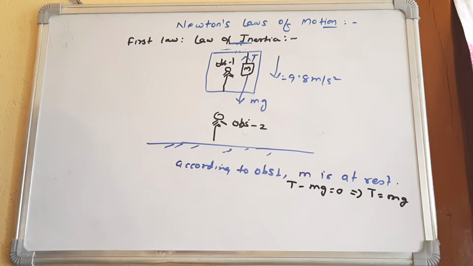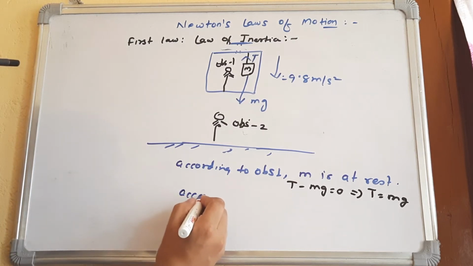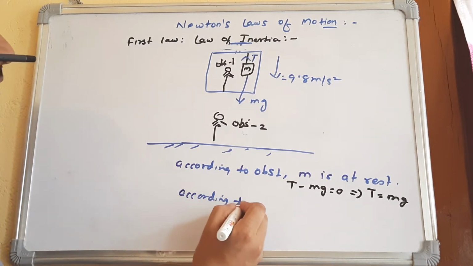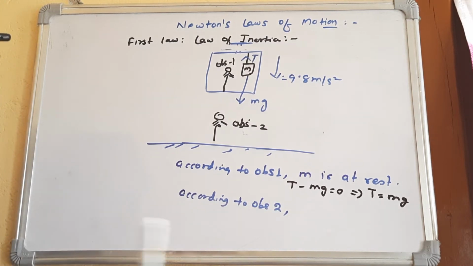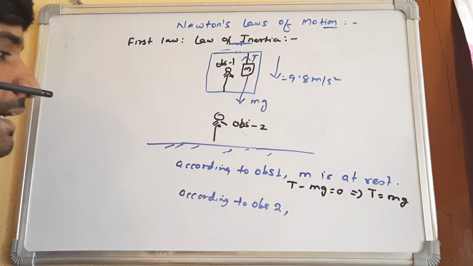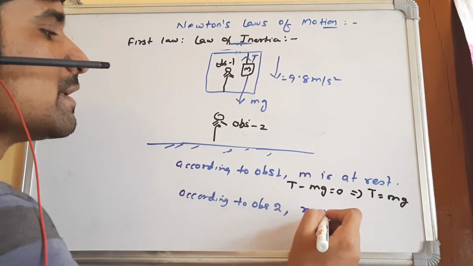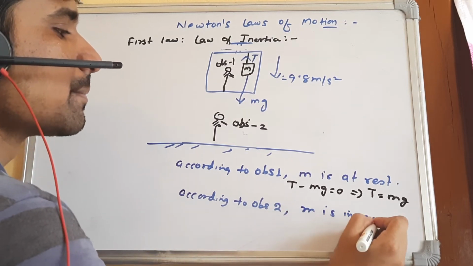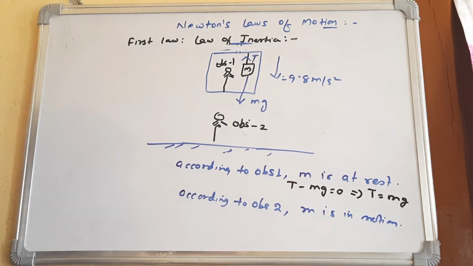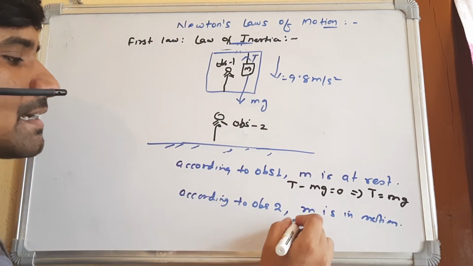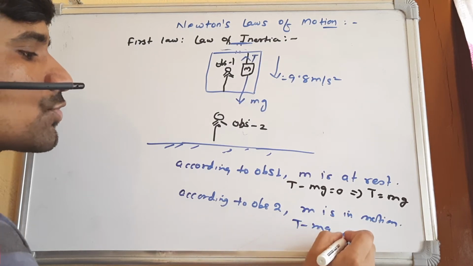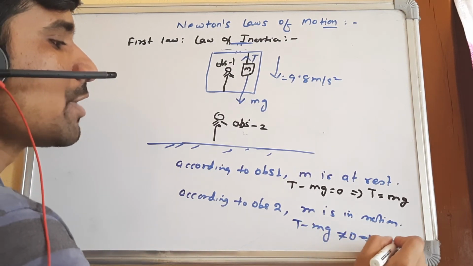Now, according to observer 2, m is in motion, right? Because with respect to observer 2, m is changing position, it is coming down, and he says that tension minus mg is not equal to 0 and hence tension is not equal to mg.